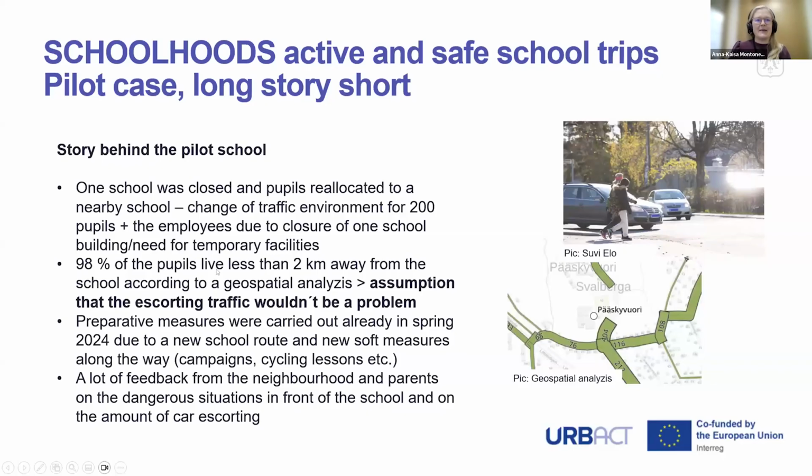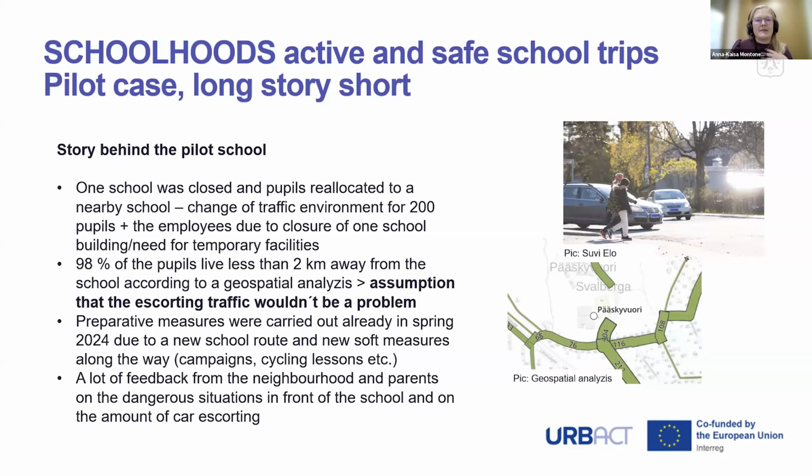So just to make the long story short, our pilot school was this kind of one: a school was closed, and about 200 pupils were relocated to another school, which was our pilot school. So there was a big change in traffic environment for these 200 pupils plus employees, of course.